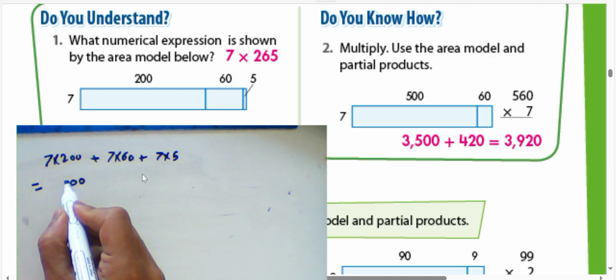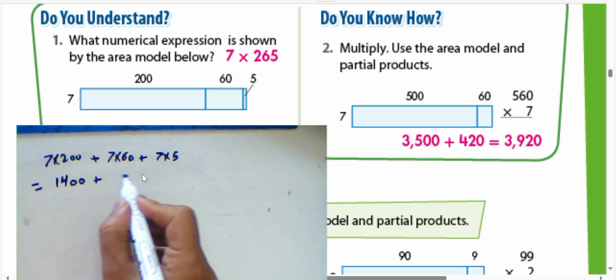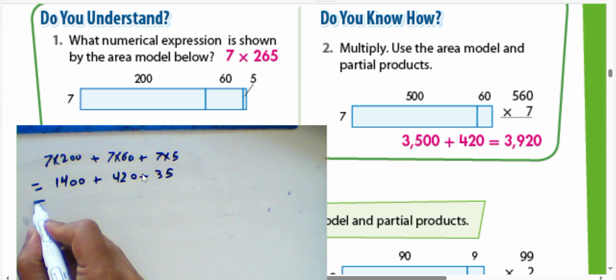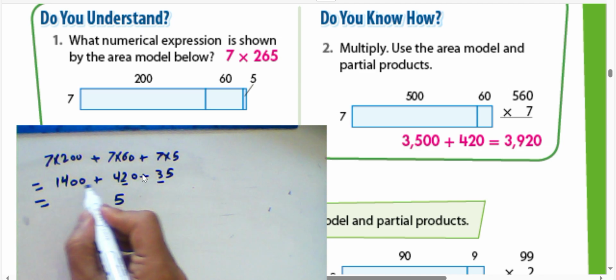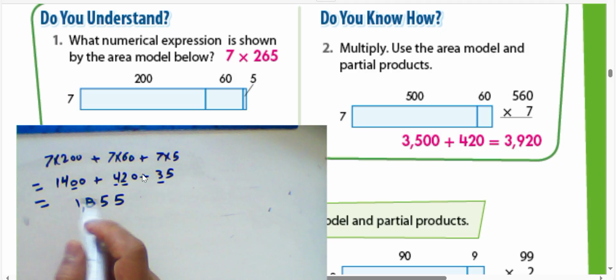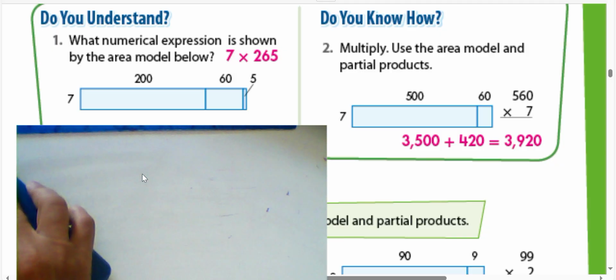Then we can write double 0, and 2 times 7 equal 14, and write 0. 6 times 7 42, 7 times 5 35. We can add together 3 plus 2 5, and 4 plus 4 equal 8, and then write 1. The result will be 1855.